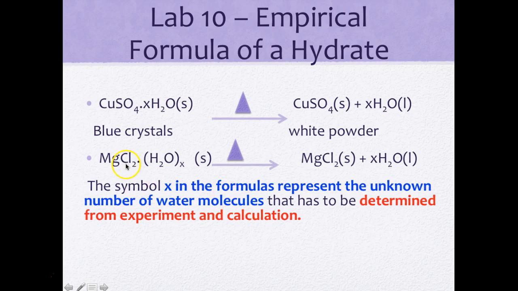Again, magnesium chloride hydrate: you heat it up and you get the magnesium chloride, the anhydrate, and the water comes out. Here, I think both the compound and the anhydrate are white. This has a white crystal structure, and this has a finer, white powdery structure. So here it's not as visually clear as in the case of the copper 2 sulfate.